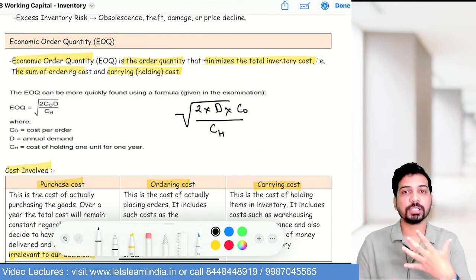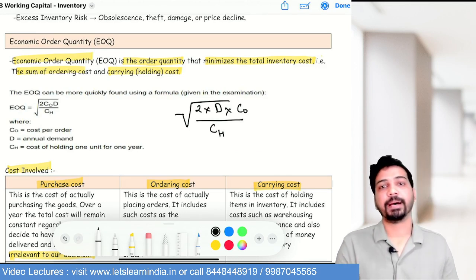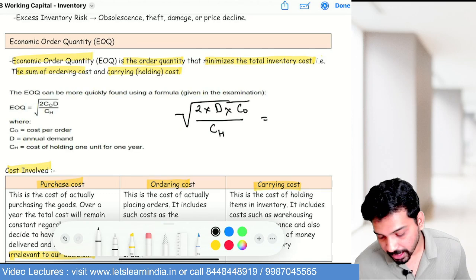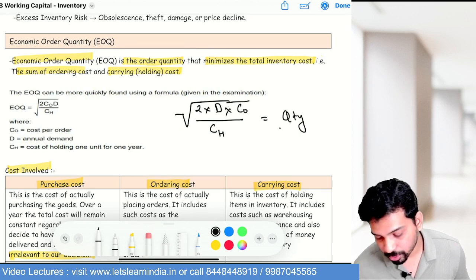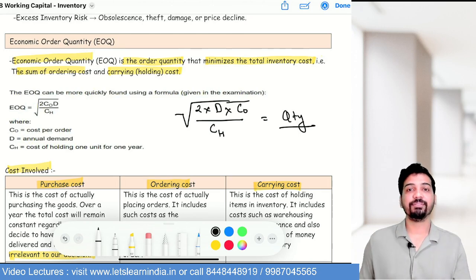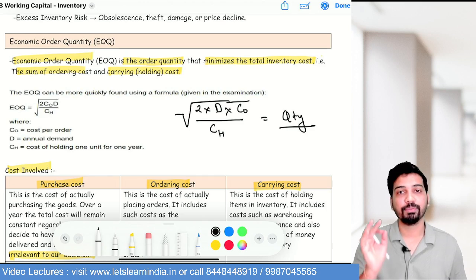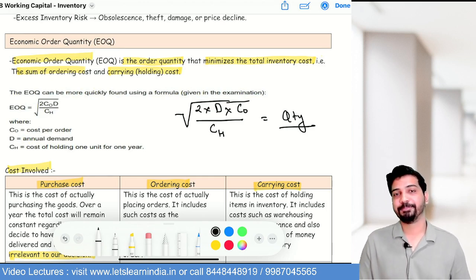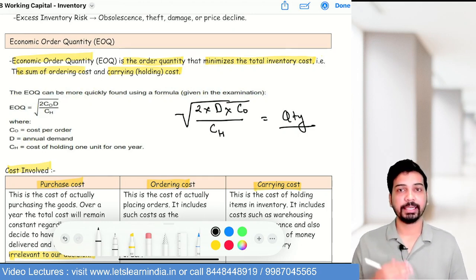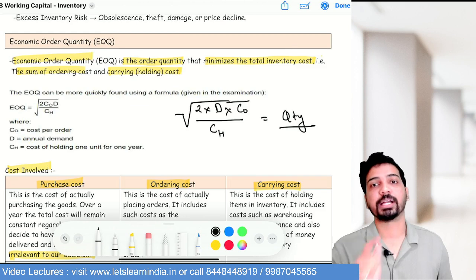Carrying cost means the cost that you will require to hold a product per unit per annum. Through this formula we arrive at the exact quantity where the total cost will be minimum. Any quantity higher or lower will result in extra cost.